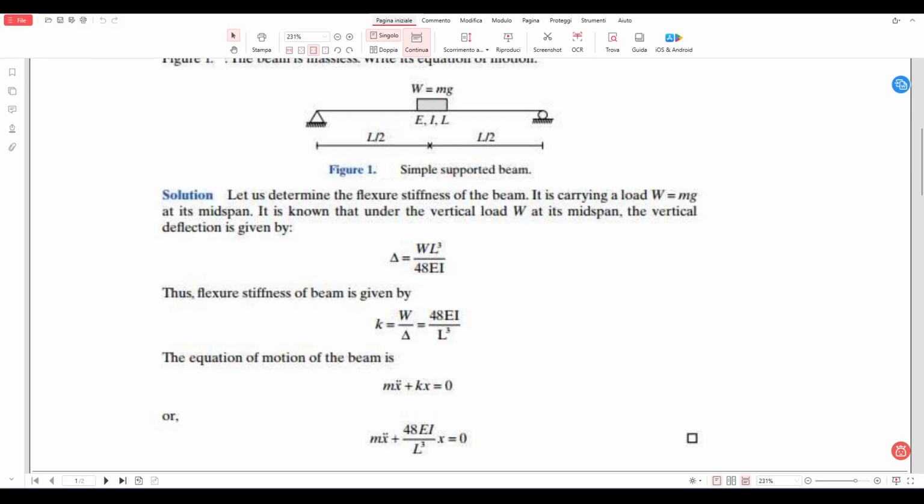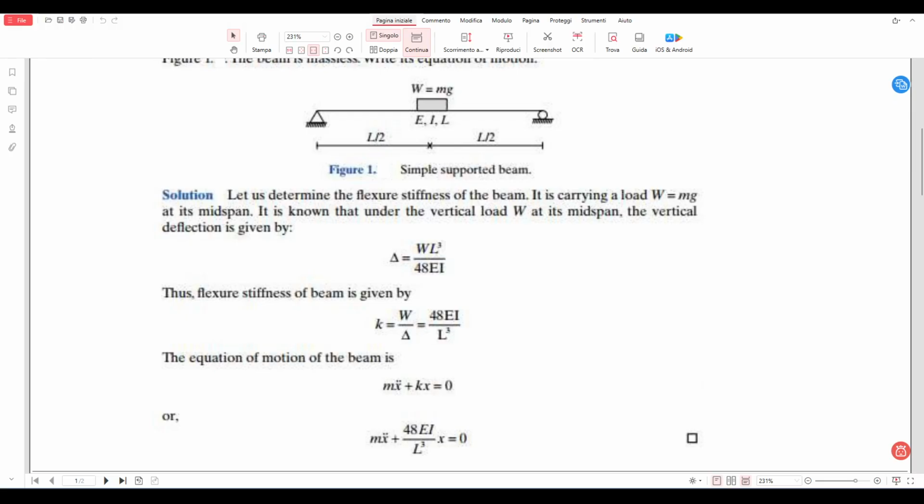You know that under the vertical load Wv at midspan, the vertical deflection is Wv times L, the length of the beam, raised to the power of 3, divided by 48 times the elastic modulus of the beam, multiplied by its moment of inertia.